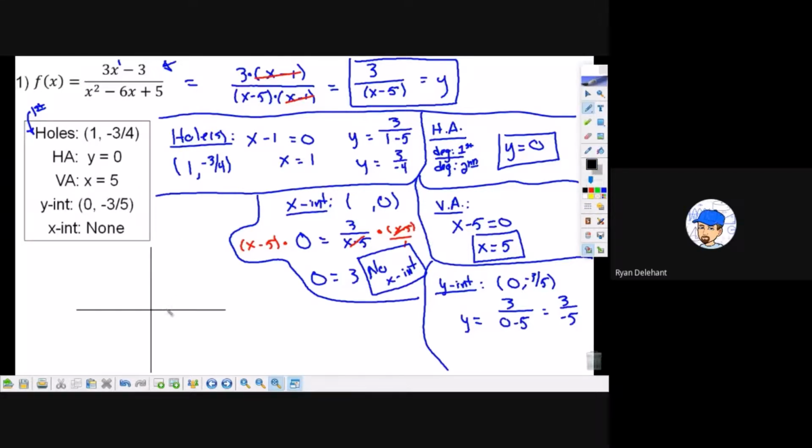So let's start putting this information on our sketch so we can get an idea what this thing looks like. The first thing that I want you to put on these every time are the asymptotes.